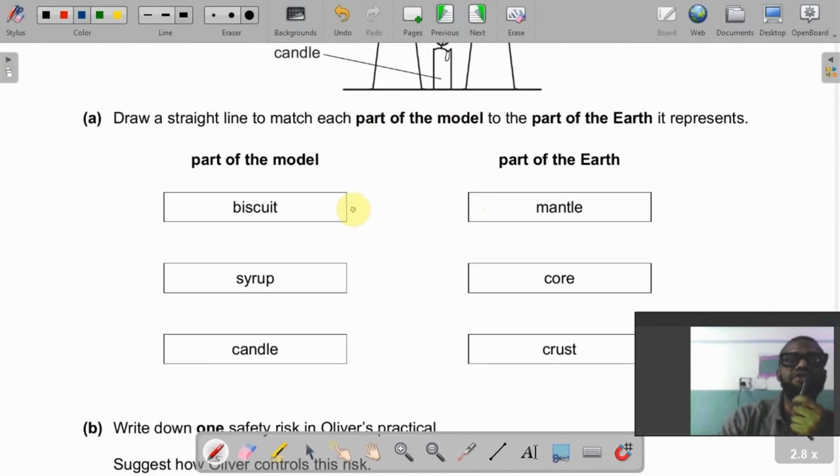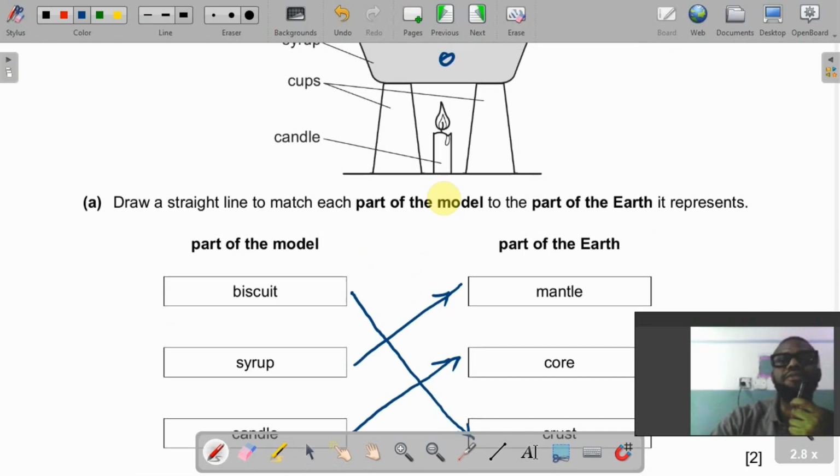The biscuit represents the crust, the candle represents the core, and the syrup represents the mantle.